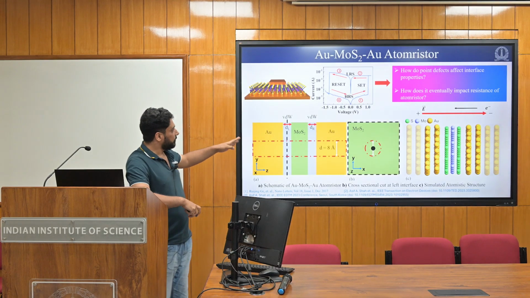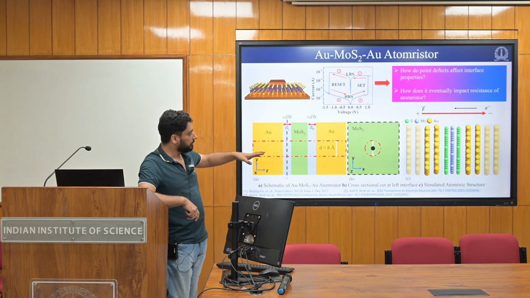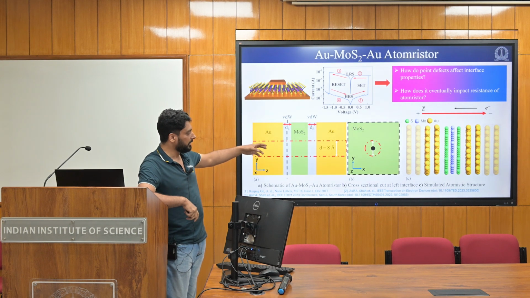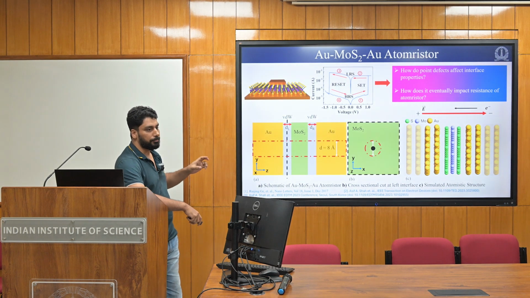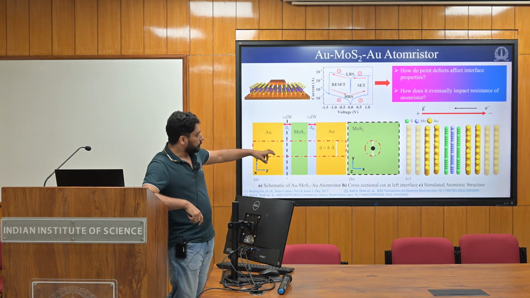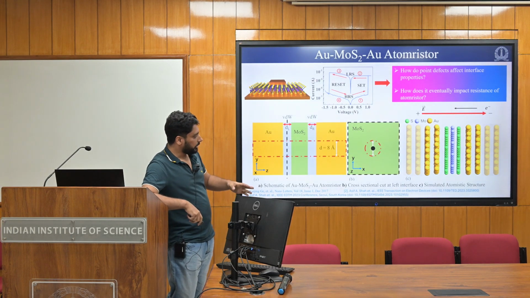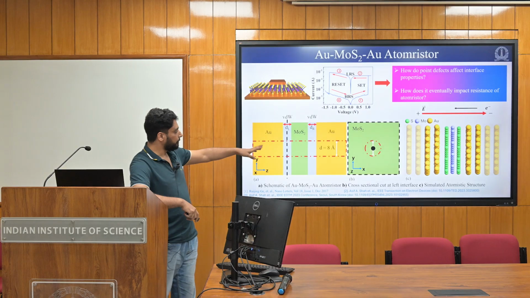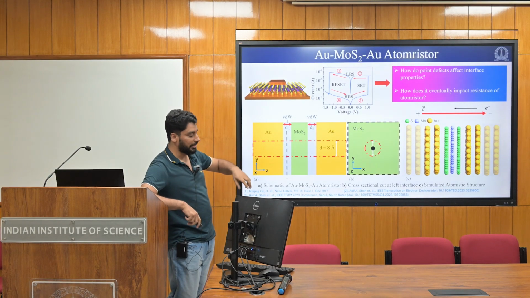Since most interesting things happen around the defects, I evaluated all the properties around the defect. Based on electron density, I observed that the most changes happen within a radius of 4 angstroms, so a diameter of 4 angstroms.